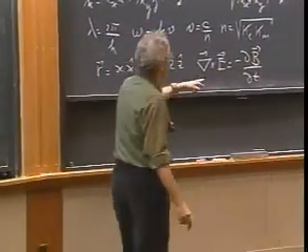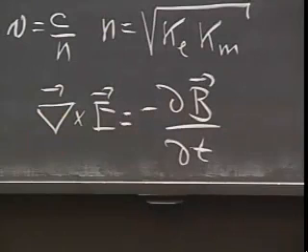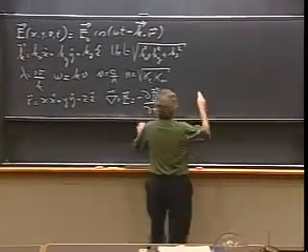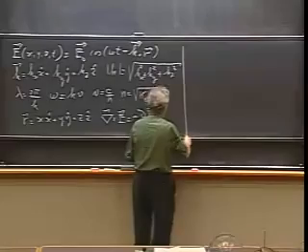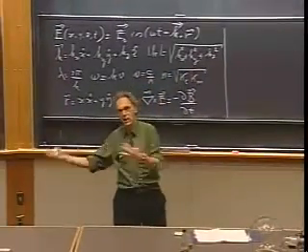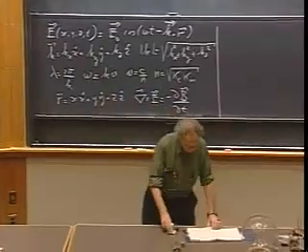And then you have to do an integral in time to get the B vector. And what comes out of this is actually something that I do remember. There is very little in physics that I remember. This is one of the things that I remember so that I don't have to apply Maxwell's equations every time when I solve these problems.